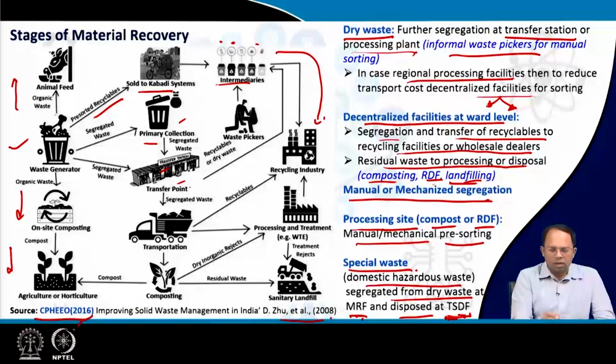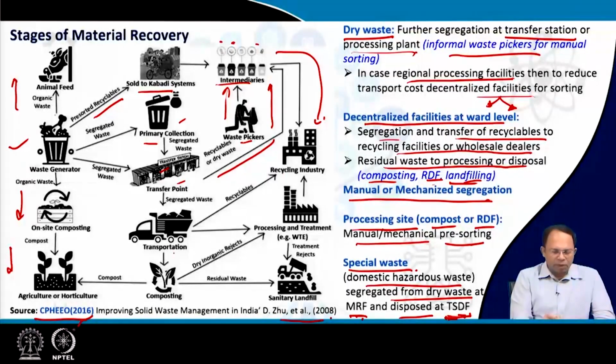Or through this transfer point, we can go to the MRF. We can set up MRF facilities where sorting is done, and then take it to intermediaries, and finally it goes into the recycling industry. In between, waste pickers can also get waste from the community bins, divide it into different categories, and sell it to different recyclers.